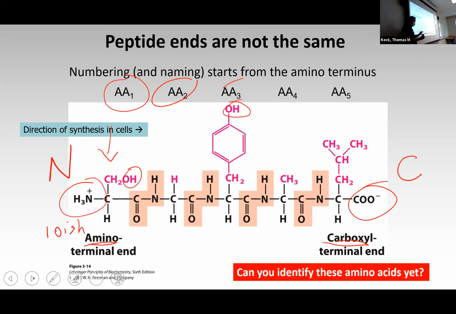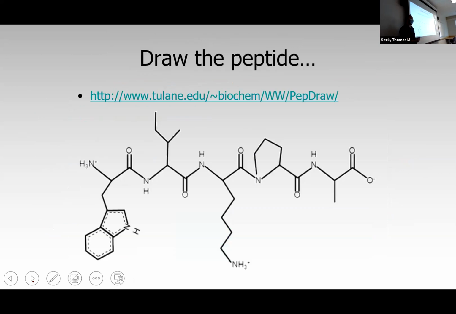The other good way to do it is to draw a squiggle as long as you need it, put the N on one end, then go 1, 2, and put another N, then go 1, 2, put another N, and you basically have the backbone structure where the R groups are on alternating sides, right?